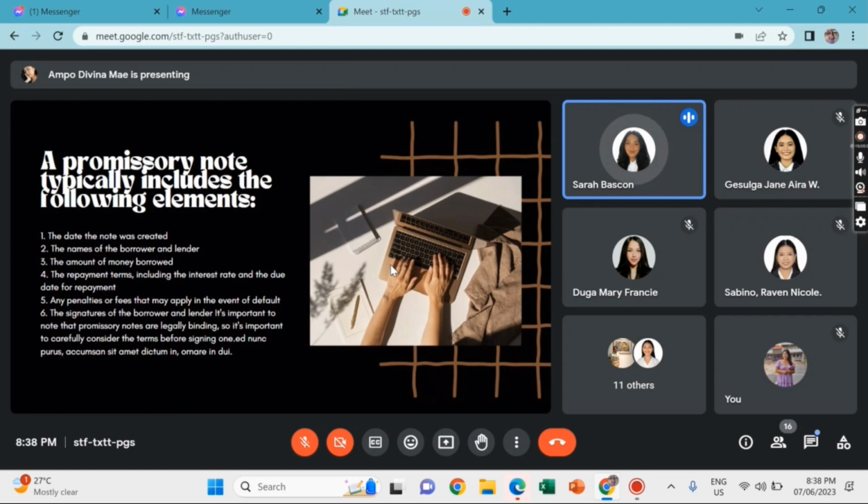Sixth, the signatures of the borrower and lender. It's important to note that promissory notes are legally binding, so it's important to carefully consider the terms before signing.